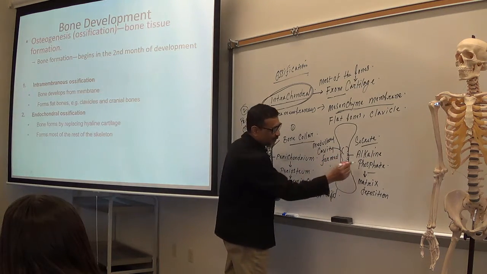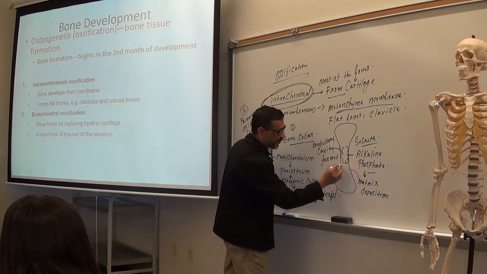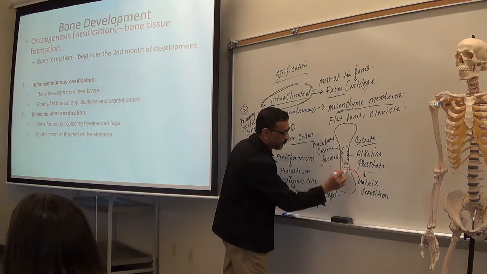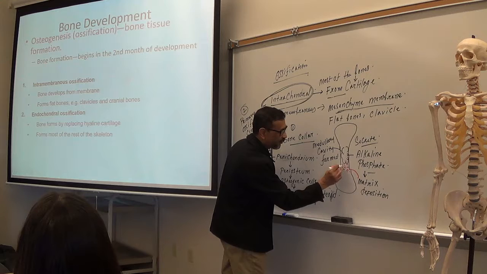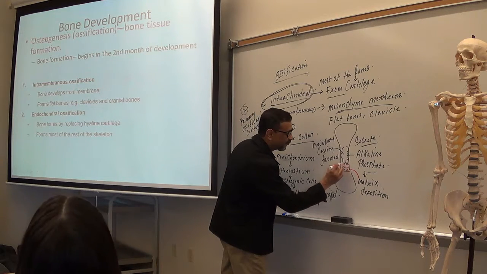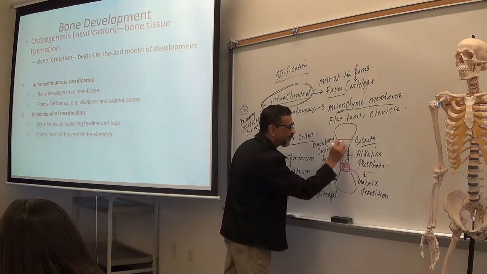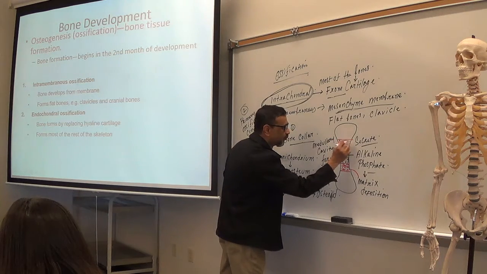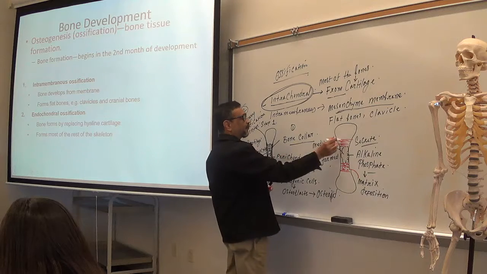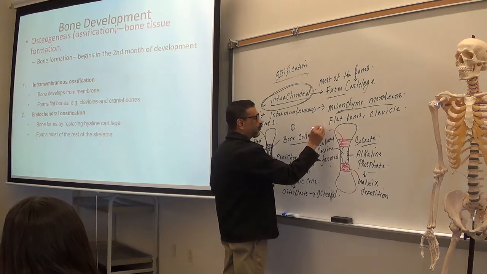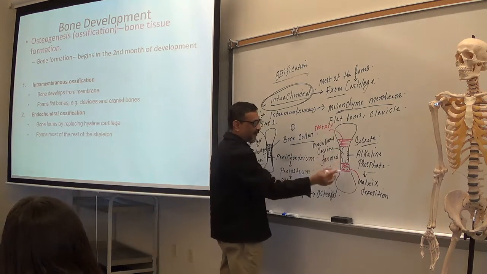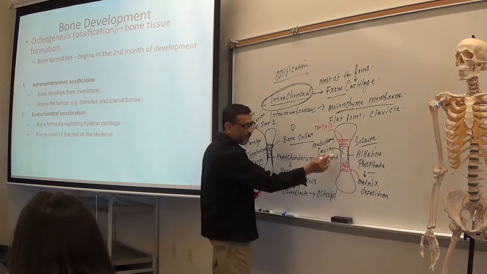Okay. So bone matrix is this area. Okay, bone matrix is here. Also on this side, same thing, bone matrix. Okay. And cavity. That's the medullary cavity.